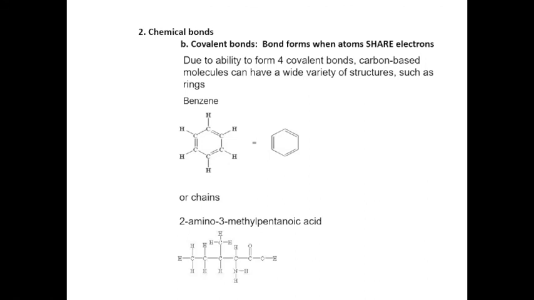So when you see these written in different ways, keep thinking these are all covalent bonds holding these molecules together, okay? So I just want to go over that, because you may see them represented lots of different ways in the book. All right?